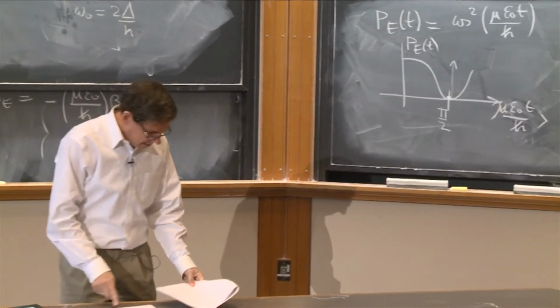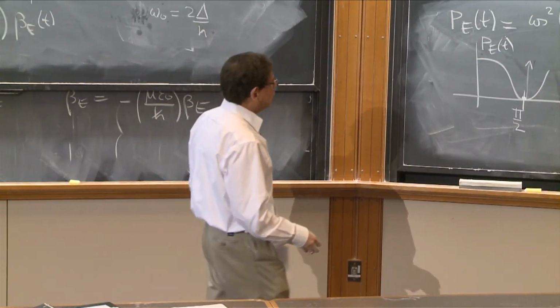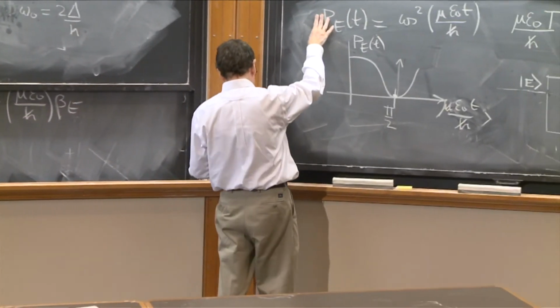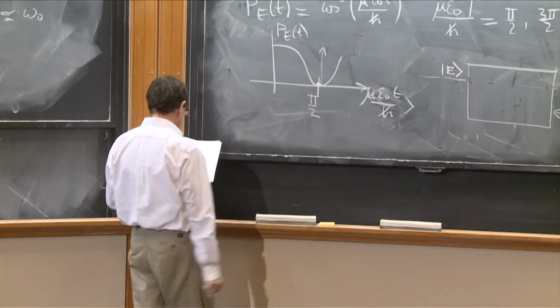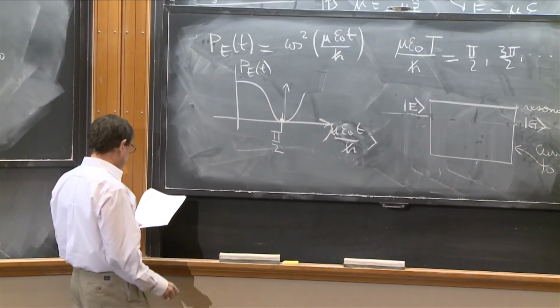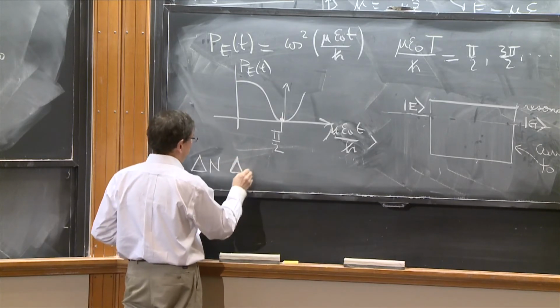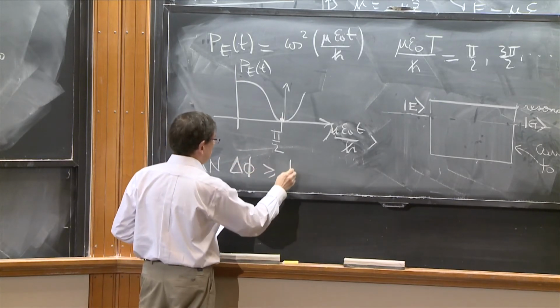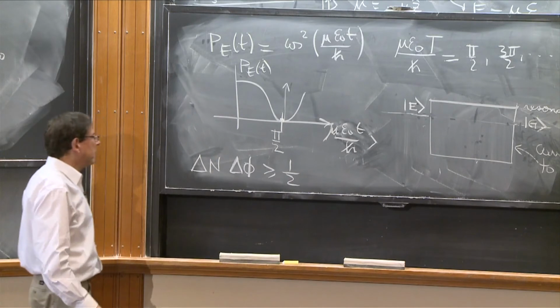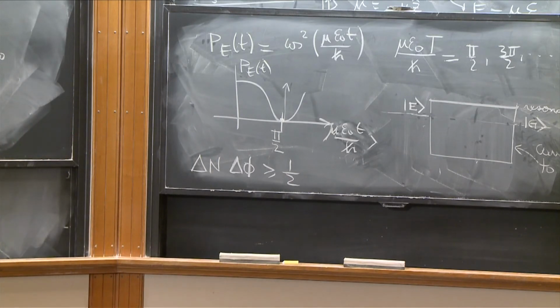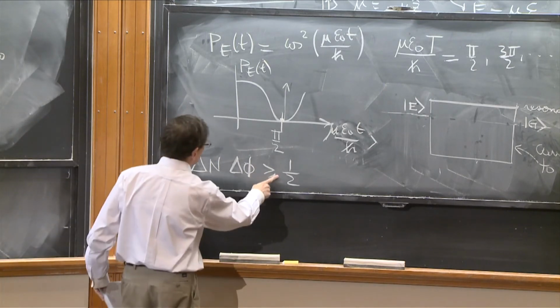So the uncertainty is actually, as in this Nobel lecture, which is fun to read, in fact, you remember delta n, delta phi, supposed to be greater than 1/2. Well, for coherent states, as we more or less discussed, this is saturated. And what do you have now?